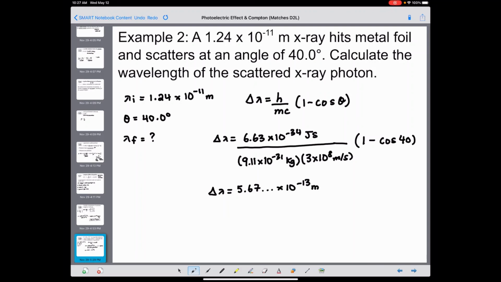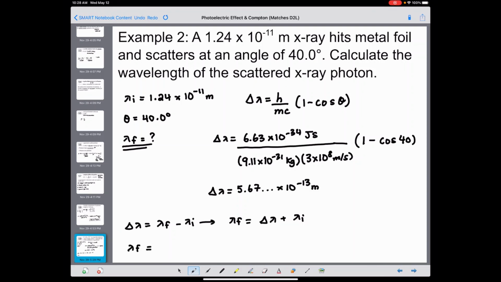Now, be careful, because the change in wavelength is not actually the answer to the question. We are looking for lambda final. So what we're going to do is write down change in wavelength is going to be the final wavelength minus the initial wavelength. And so rearranging for the final wavelength, we just have to add the initial wavelength to both sides.